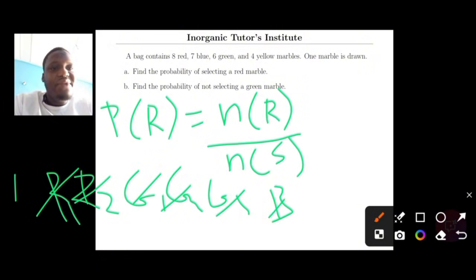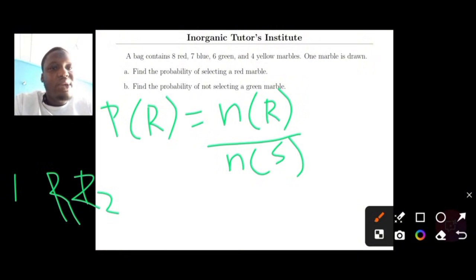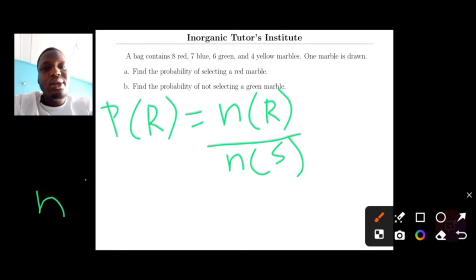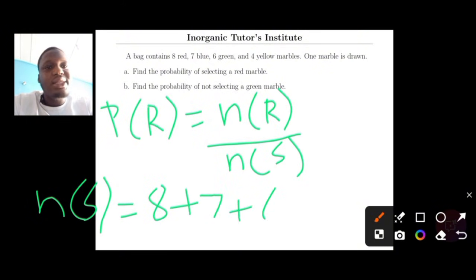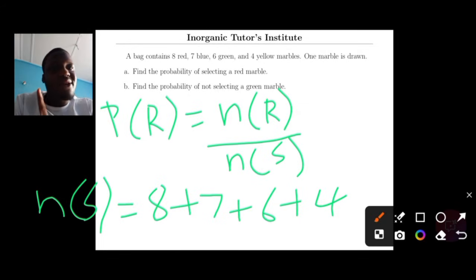Okay. Similarly, here the number of sample space is equal to the total number of items, which is 8 plus 7 plus 6 plus 4. The number of sample space, not the sample space itself. To list the sample space, you should write R1, R2, R3 up to R8, then B1, B2 up to B7, G1, G2 up to G6, and Y1, Y2 up to Y4.